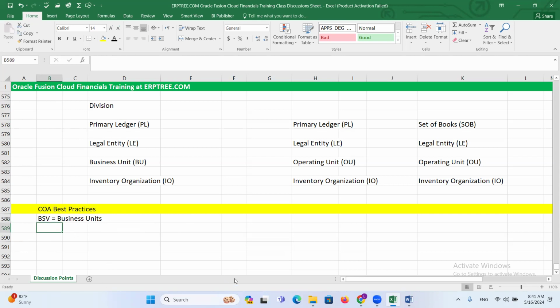The other point: maintain only one primary balancing segment value. Only one balancing segment.